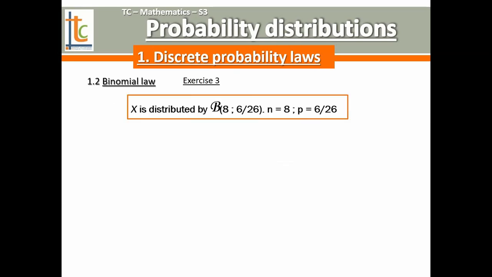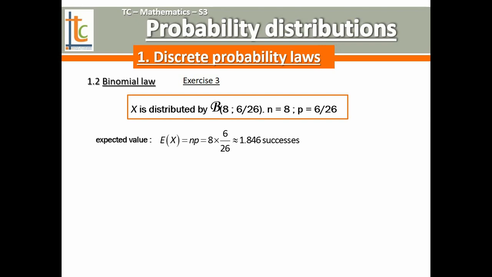In this case, the expected value corresponds to a very simple formula, that is n times p, 8 times 6 over 26, the result being 1.846 approximately. And the comment that we can make on the expected value will be the same as in a hypergeometric distribution.